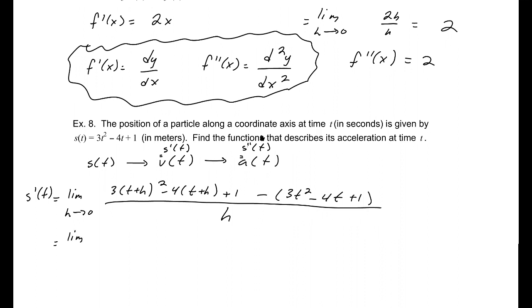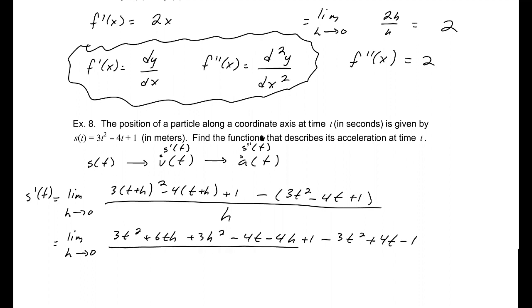Multiplying that out, that is a 3t squared, which will cancel out there, a 6th, okay, that'd be 2 of those, so 6th, plus 3h squared minus 4t minus 4h plus 1 minus 3t squared plus 4t minus 1, all divided by h.